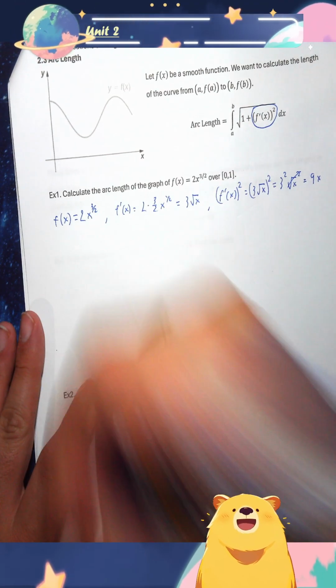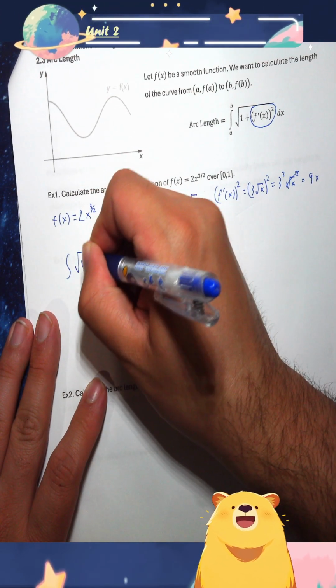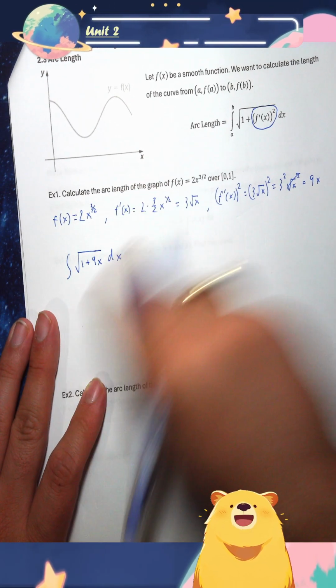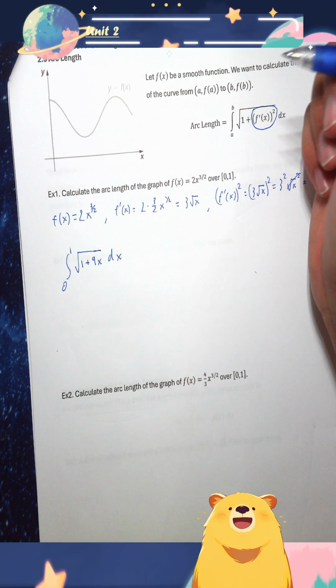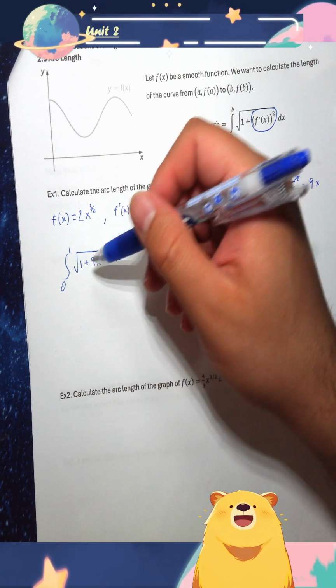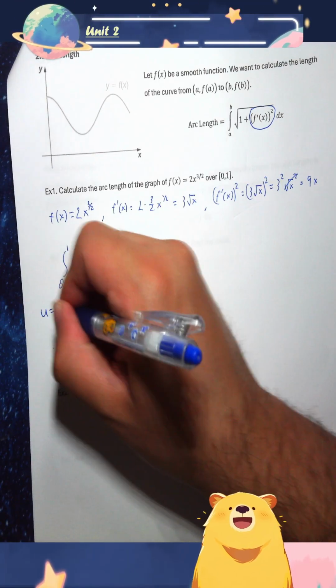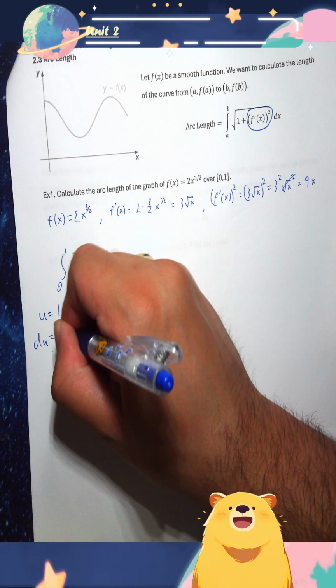So what we plug in here for the arc length is the integral of square root of 1 plus 9x dx, and you're finding it from 0 to 1. And remember the prompt of substitution. Wouldn't this be a lot easier if it was just square root of something? So let's just rewrite it. u is equal to 1 plus 9x. du then must be equal to 9 dx.